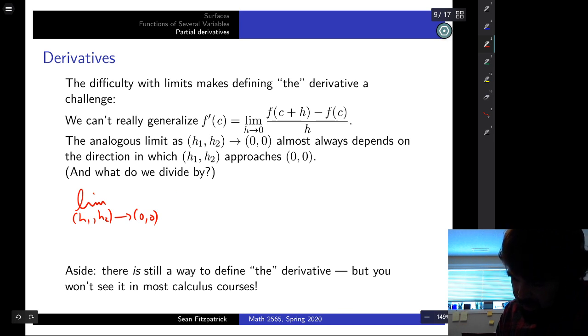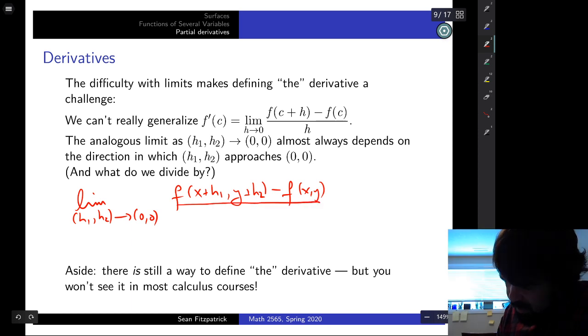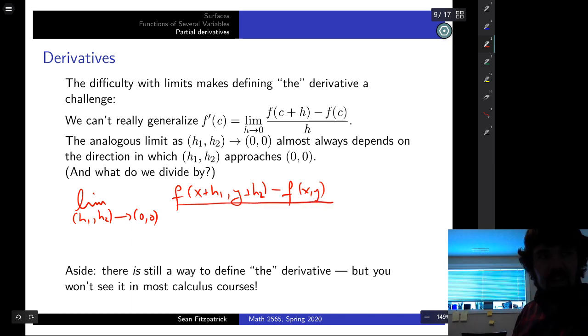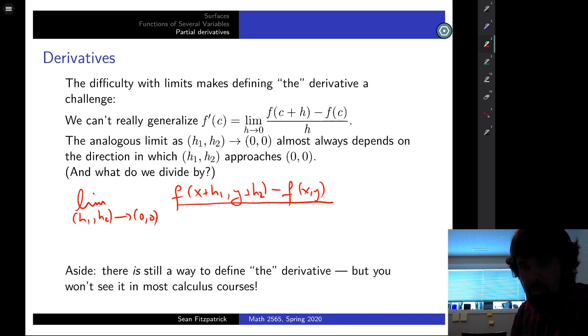And then I do f of x plus h1, y plus h2, minus f of x, y. And then the first thing that comes up is, what do I even divide by?